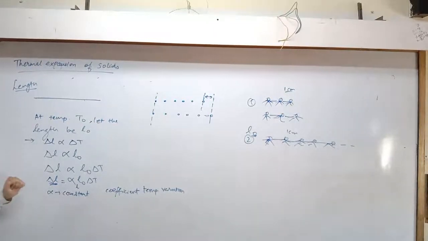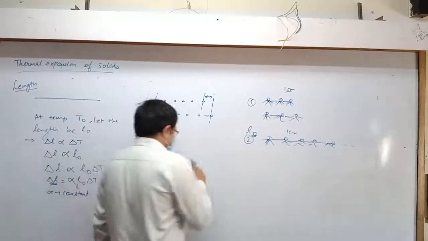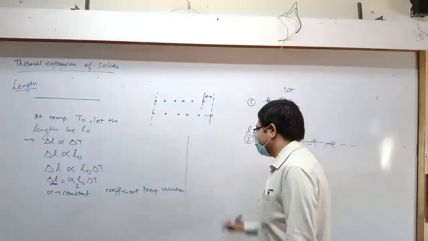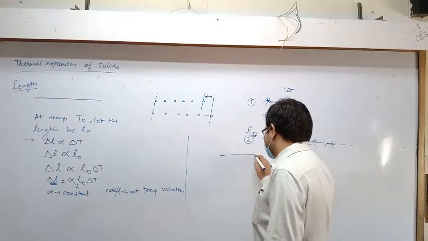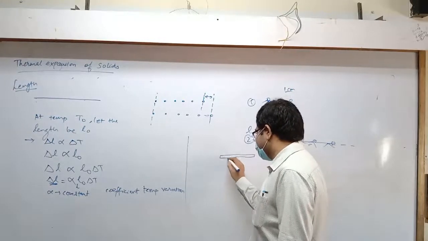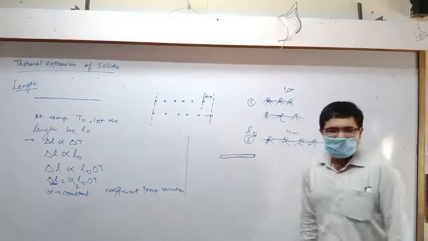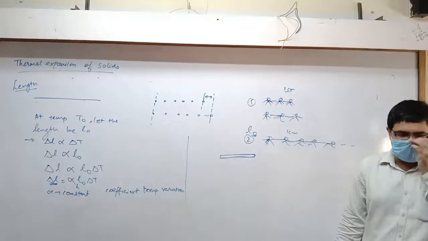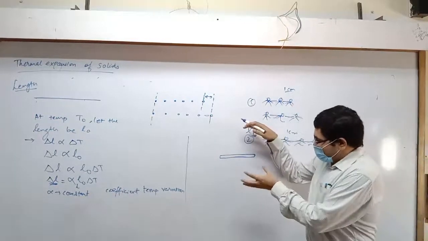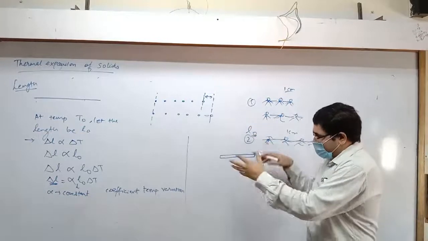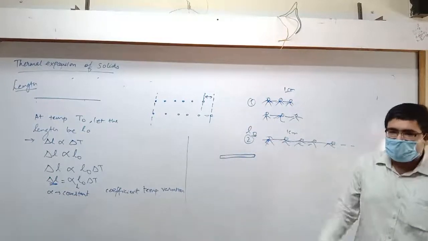Now I'll ask you one simple question, which is essential to understand. Suppose there is a rod lying free on a table or on the floor in a room, and you start heating the rod, let's say by putting some heating mechanism in the room.